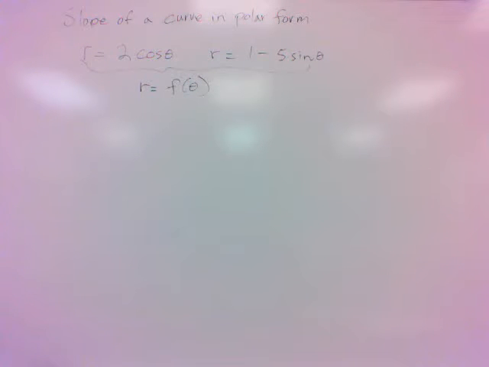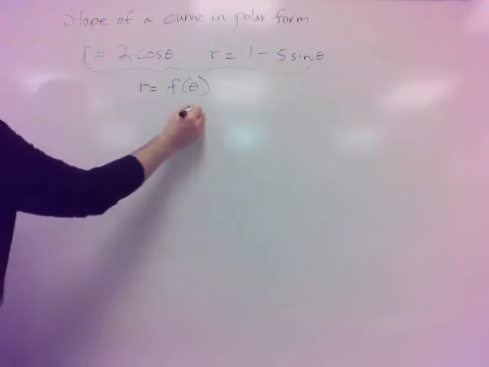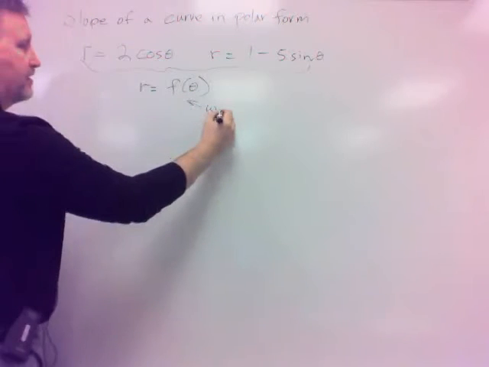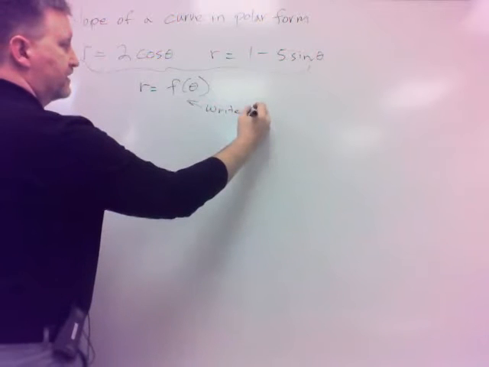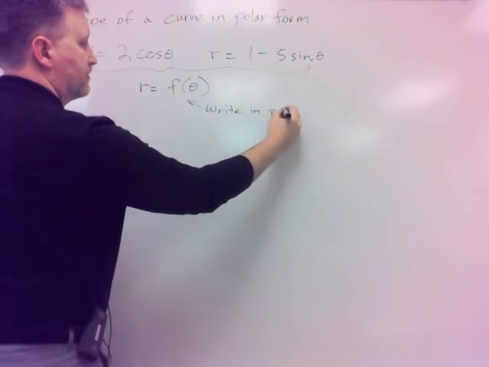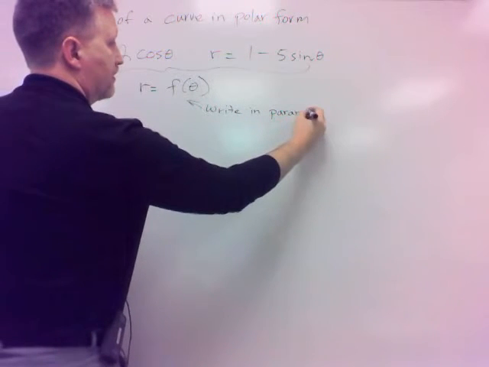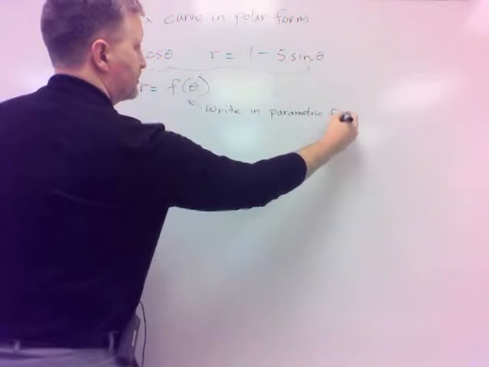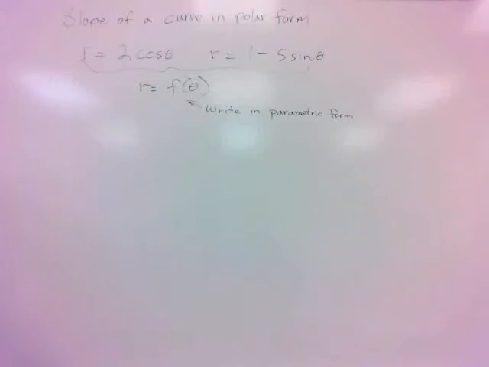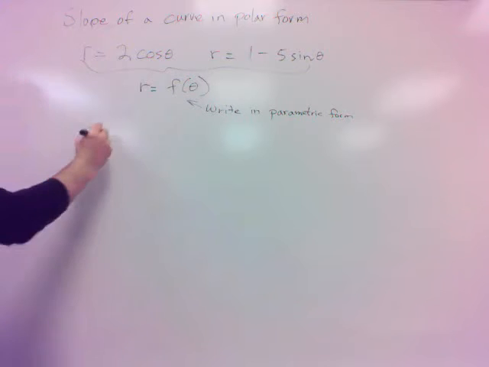All right? Turns out what we're going to do is write this in sort of a parametric form. Because here's what we know. In polar form, we've got the x and the y coordinate, right?